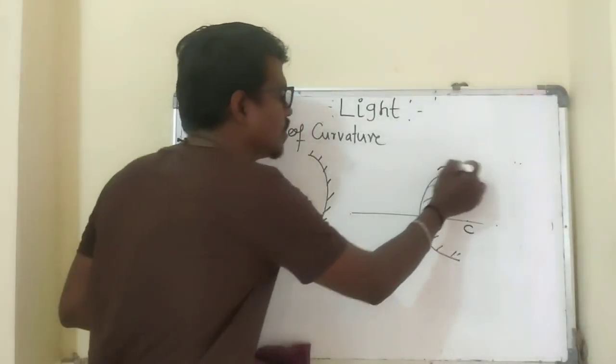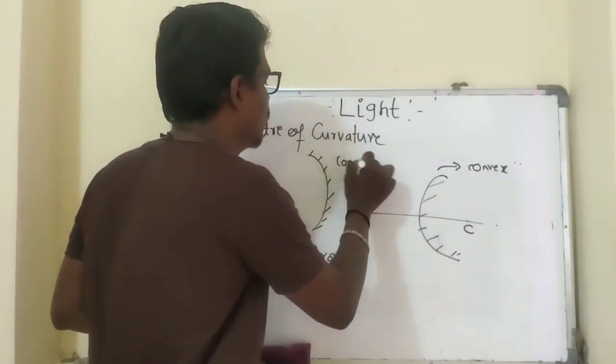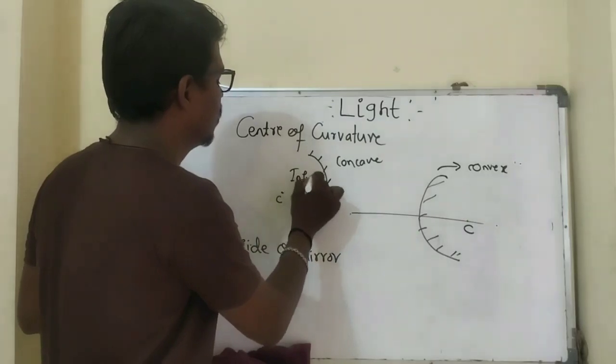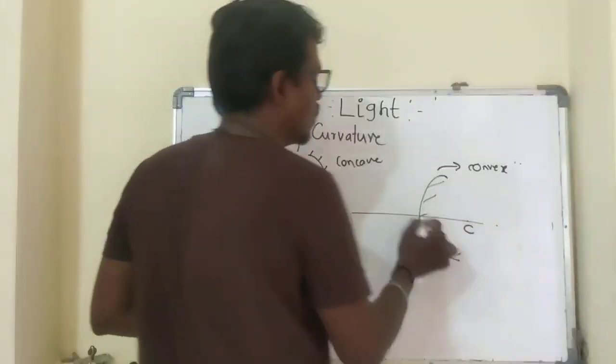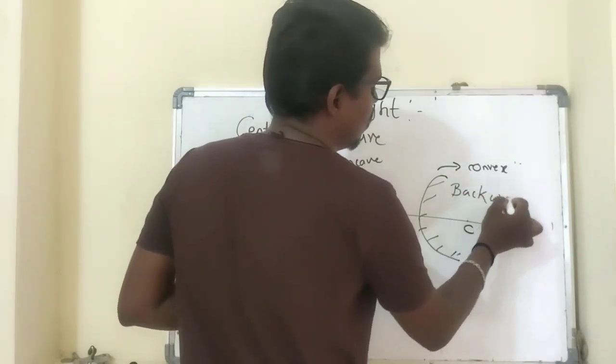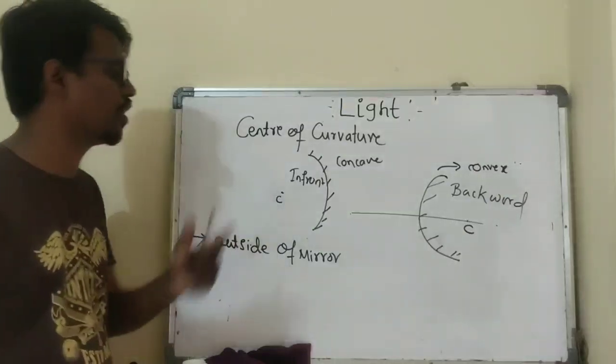Here, this is convex and this is concave. In concave, it is present in front of the reflecting surface. In convex, it is present behind the reflecting surface. This is the center of curvature.